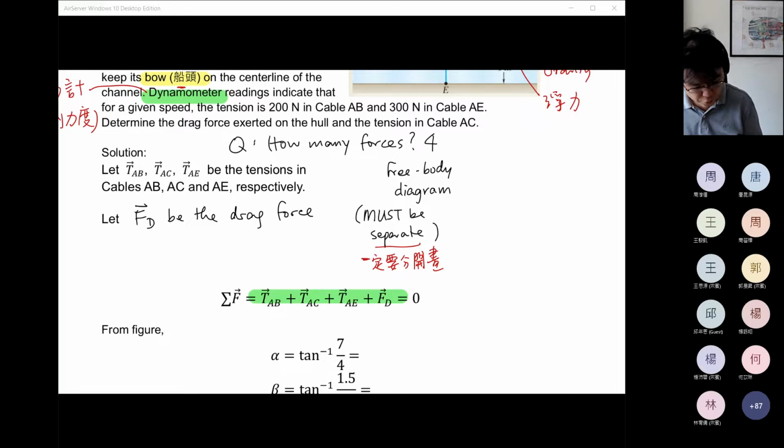So we have 4 forces, and let us put x and y here. I usually use 2 colors, and it depends whether you like using 1 color or 2 colors.